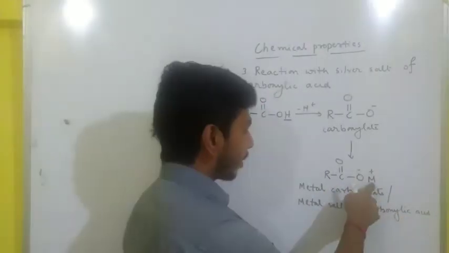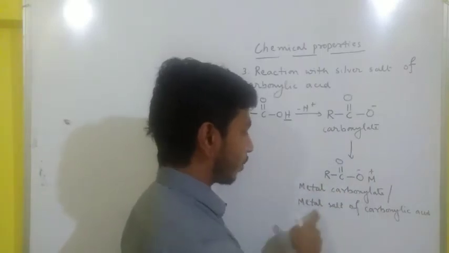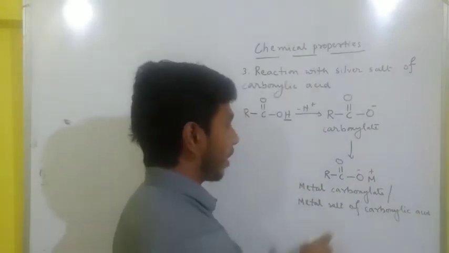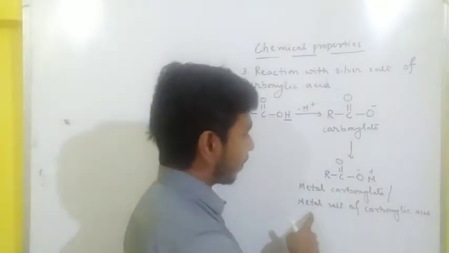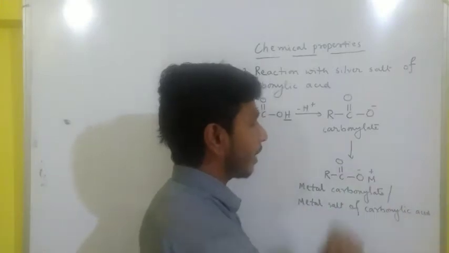If the metal is sodium, it is sodium carboxylate or sodium salt of carboxylic acid. If it is potassium, it is called potassium carboxylate or the potassium salt of carboxylic acid.